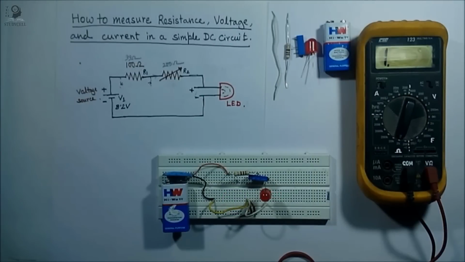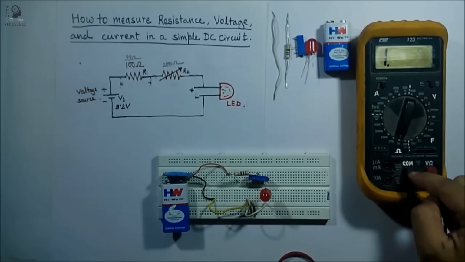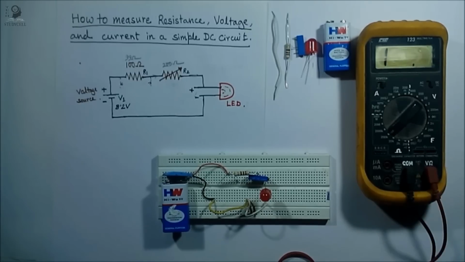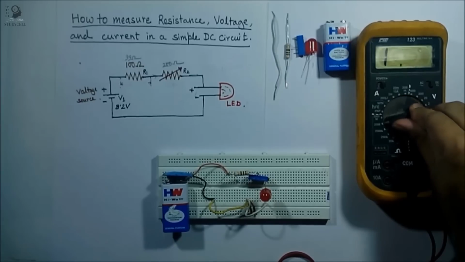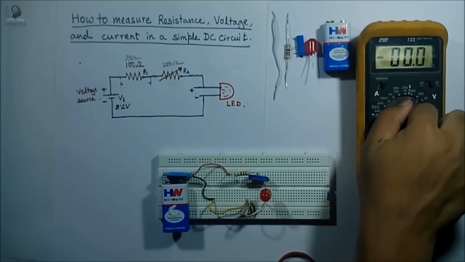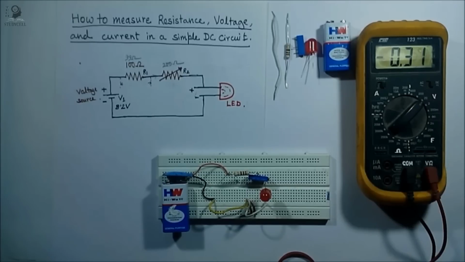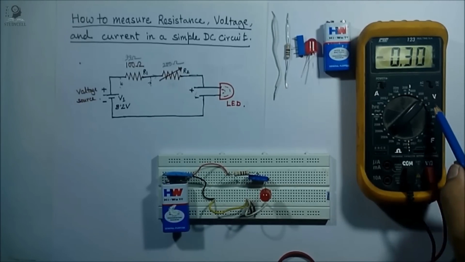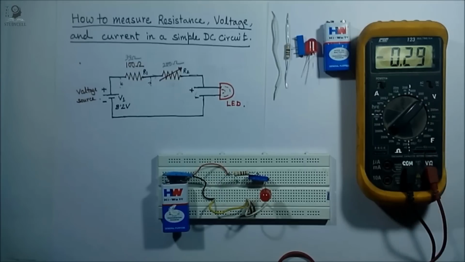Now we come to how to measure the voltage. First we have to see that the red terminal should be in the voltage and omega port and the black terminal should be in the common port. Then we have to select the voltage range of the multimeter. As I am using a 9 volt DC battery, I am selecting the 20 volt range and DC, of course.